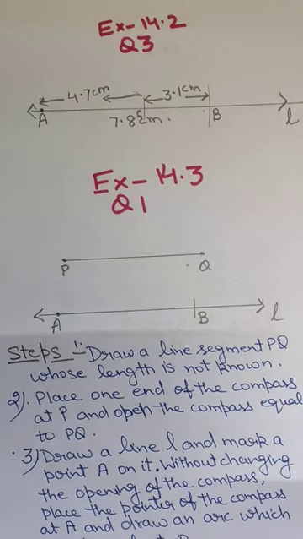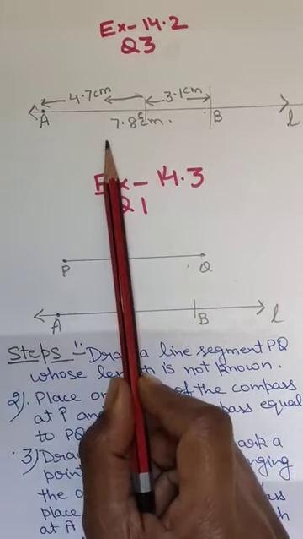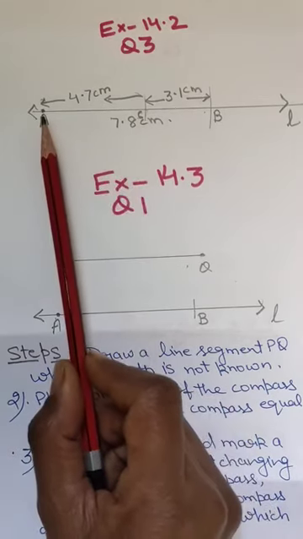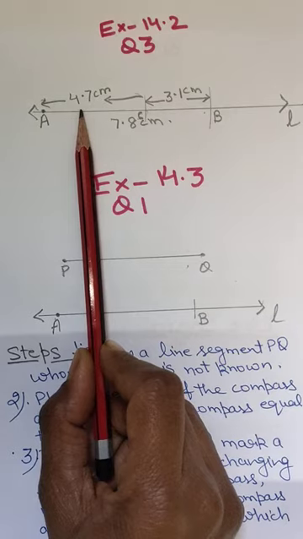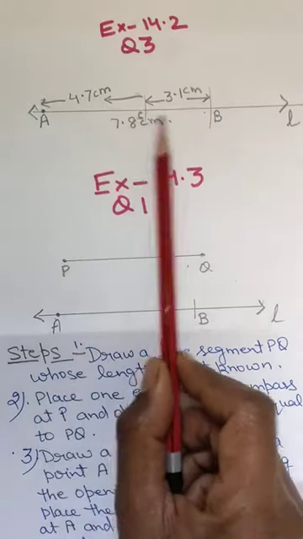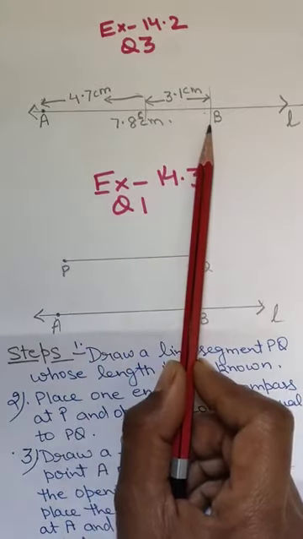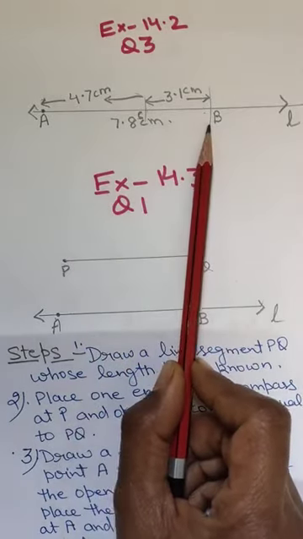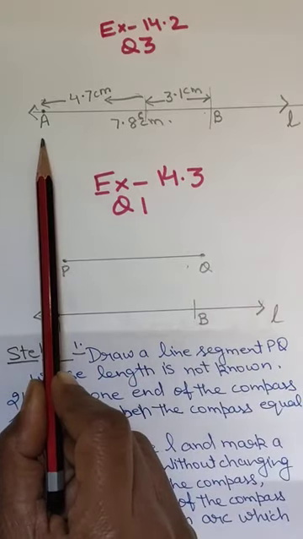After that we have done exercise 14.2 question number 3, in which we have to make a line segment AB of 7.8 centimeter, cut AC of 4.7 centimeter, and after that measure CB. How to draw a line segment of 7.8 centimeter, that we know by making the line L. Mark a point A on it. Open your compass to 7.8 centimeter.